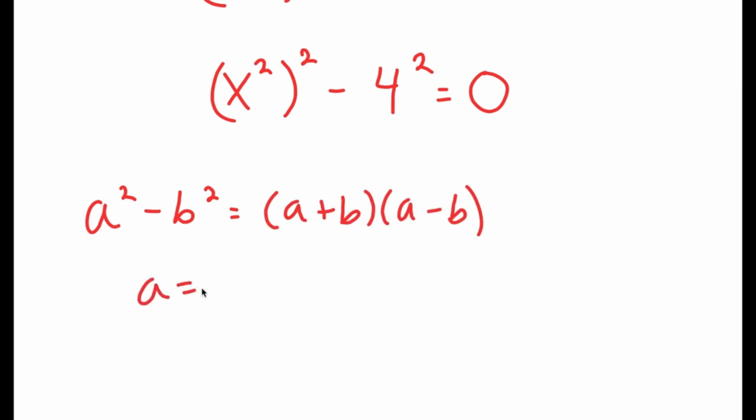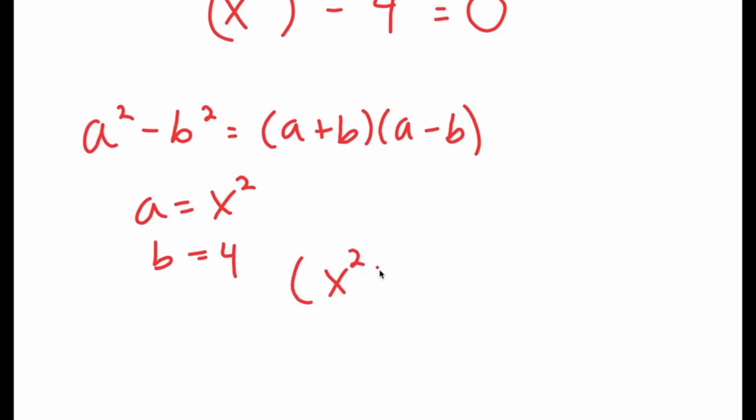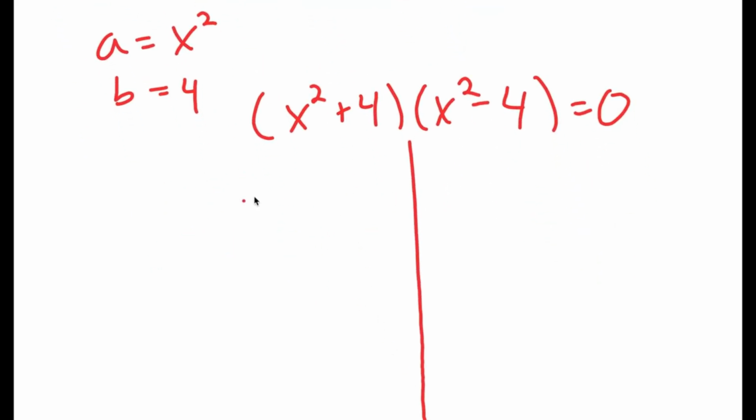So in this case, a is x squared and b is 4. So this turns into x squared plus 4 times x squared minus 4 is equal to 0. Now I can divide this into two equations. I have x squared plus 4 is equal to 0 and x squared minus 4 is equal to 0.